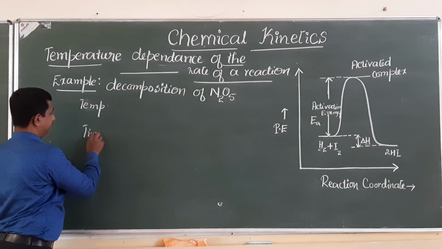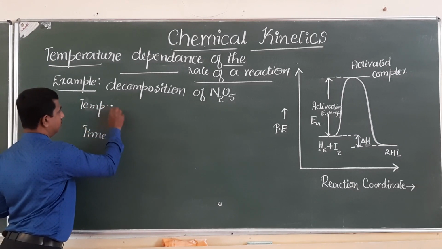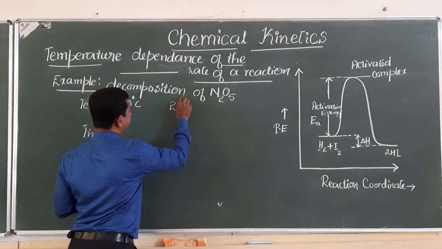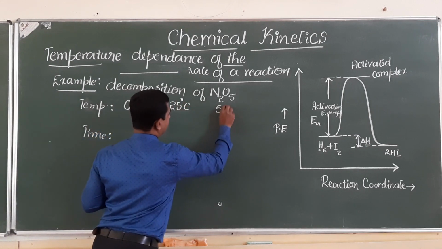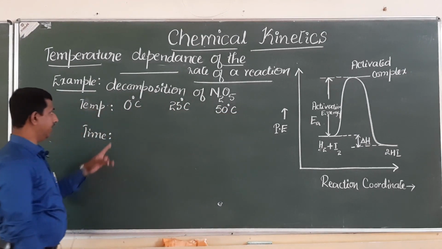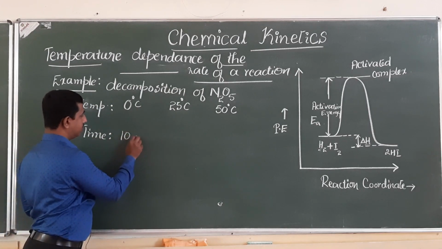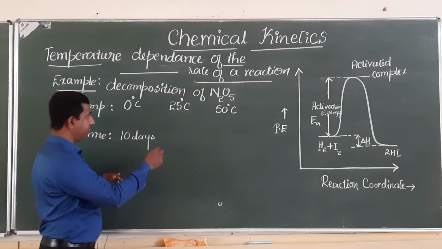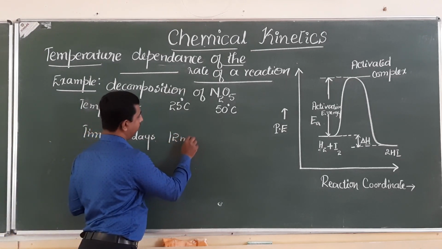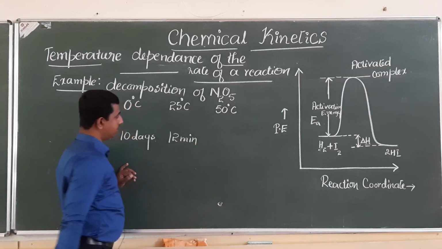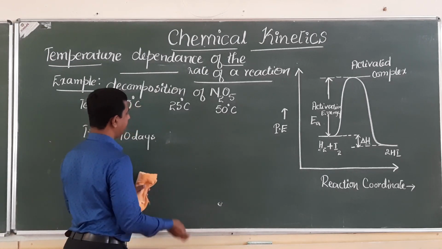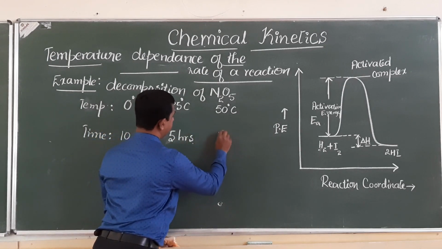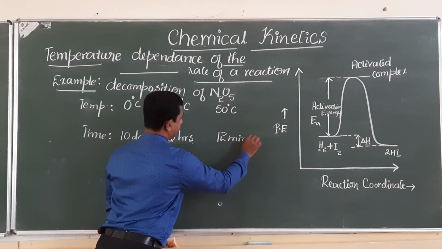This is required time. 0 degrees Celsius, 25 degrees Celsius, other one is 50 degrees Celsius. At 0 degrees Celsius, required time is 10 days. At 25 degrees Celsius, required time, it is 5 hours. At 50, required time, it is only 12 minutes.